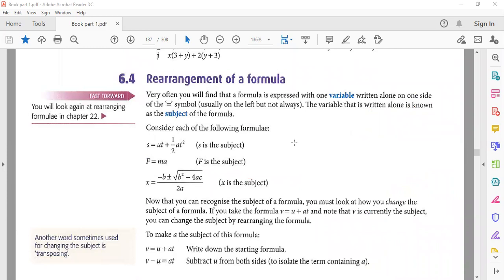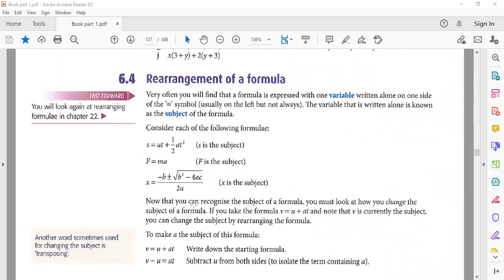Rearrangement of a formula. Rearrangement of a formula means we arrange our formula if we have any formula that is given. Very often we will find that the formula is expressed with one variable written along one side of the equal symbol. The equal symbol is very important once we are rearranging the formula.